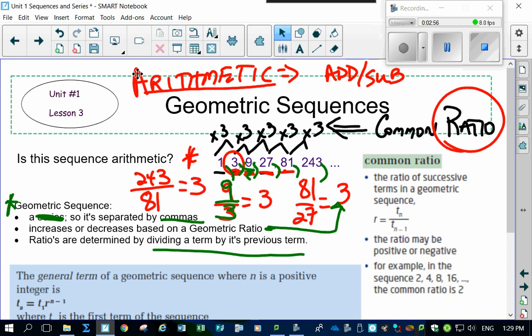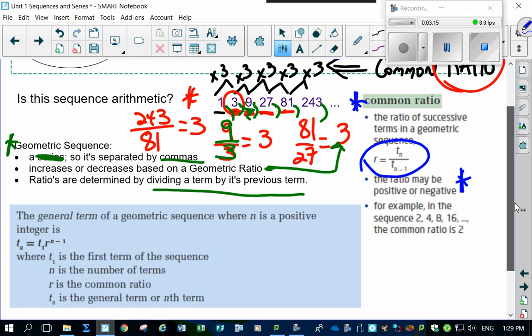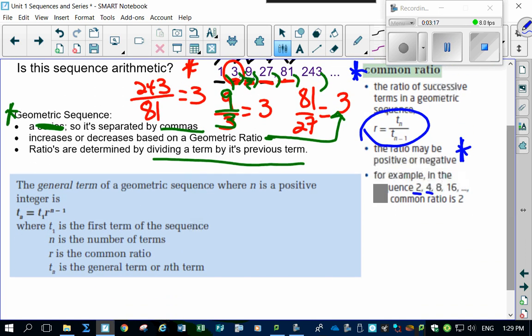Now, how do we go about figuring out a few things? Well, common ratio gives you the whole definition here. There's that ratio formula. But here's a couple of interesting things about the ratio. The ratio can actually be positive or negative. For example, if you got a sequence that looks like this, take a number, divide it by the one before it. 8 divided by 4 is 2.